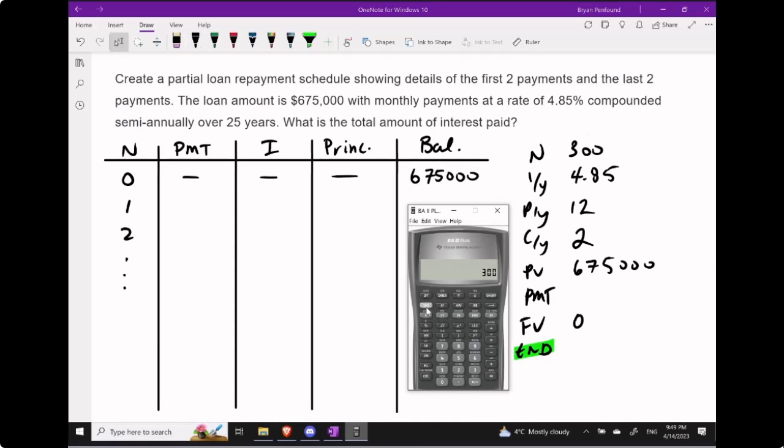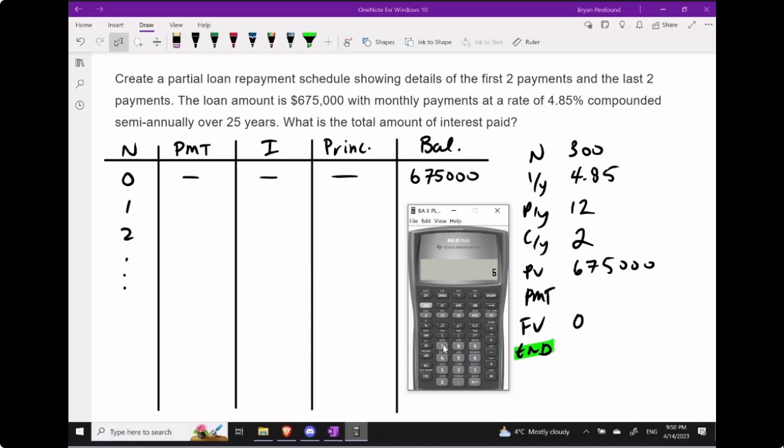Popping up the calculator, we can now start programming in some of our parameters. Next up, let's get our 4.85 in for the interest and pop into the submenu here where I need to program in 12 for the payment frequency and 2 for semi-annual compounding.